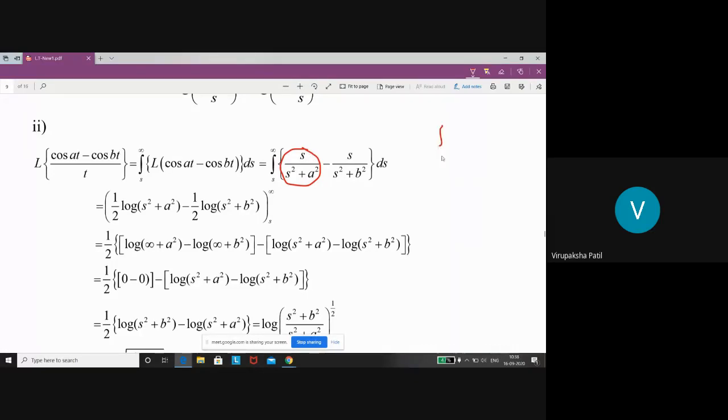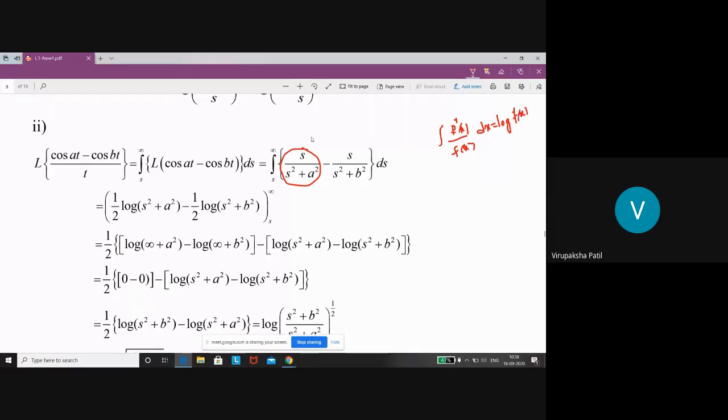It is the standard formula: the integration of f dash x divided by f of x dx is given by log of f of x, the denominator quantity.